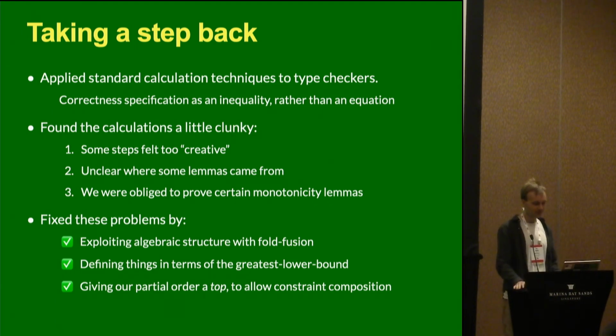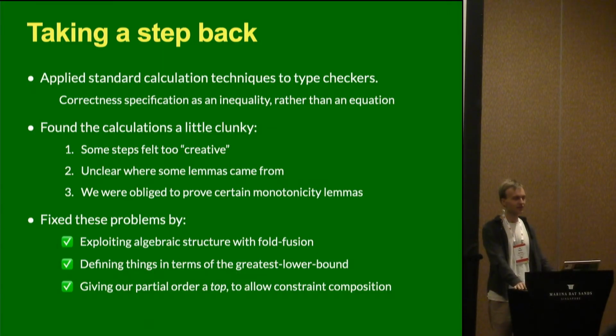We've got a few minutes. So just to take a step back and have a look at what we've done. We've taken these fairly standard compiler calculation techniques, and we've applied these to this new setting, which is type checkers. So we can compute a type checker from an untyped language and its semantics.